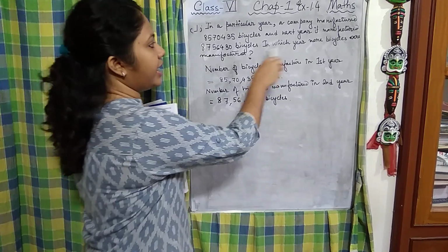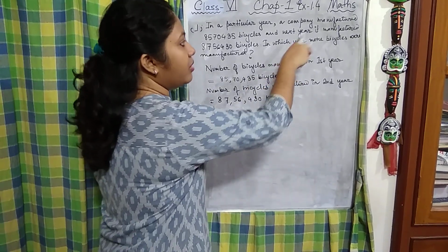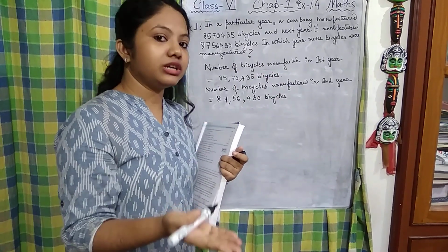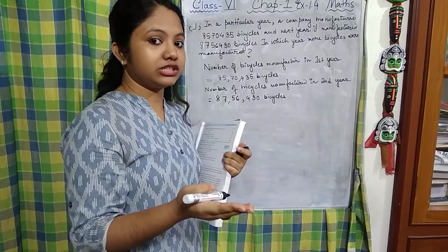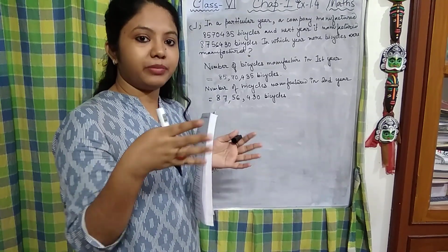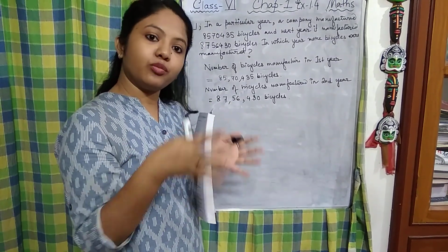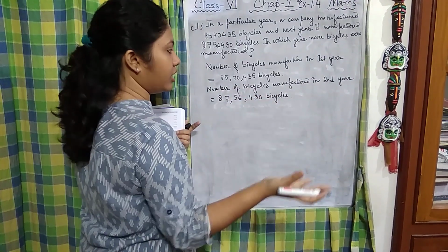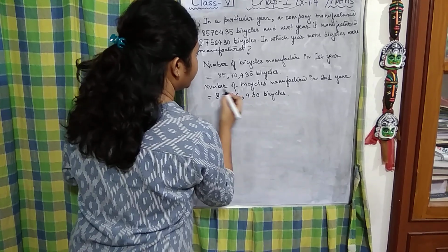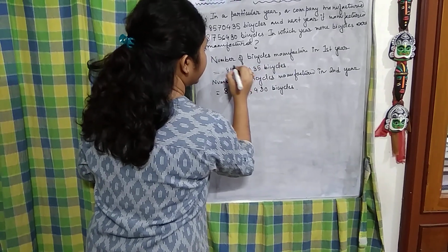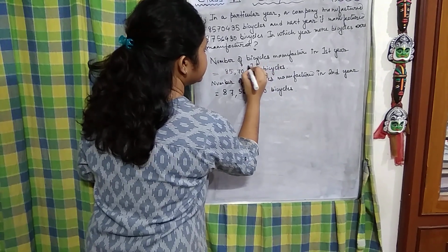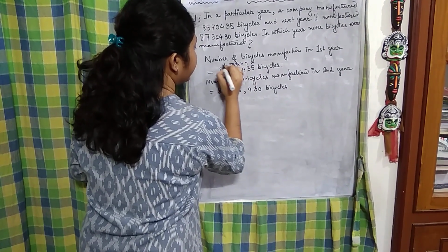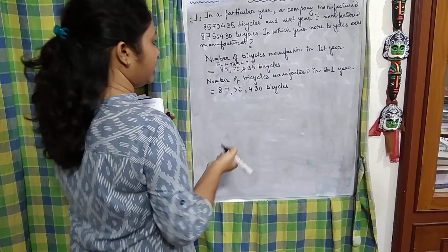Because they have asked in which year more bicycles were manufactured, while finding that out you have to compare the number of bicycles of both the years, right? I have already taught you how to compare two big numbers. These are the units, tens, hundreds, thousands, ten thousands, lakh and ten lakh positions. Got it?